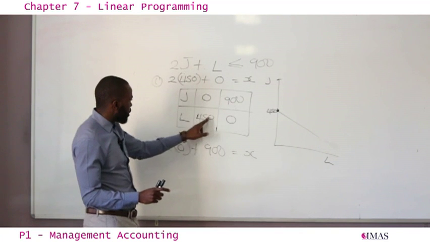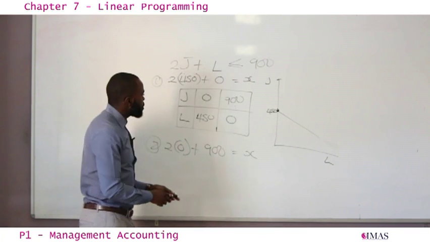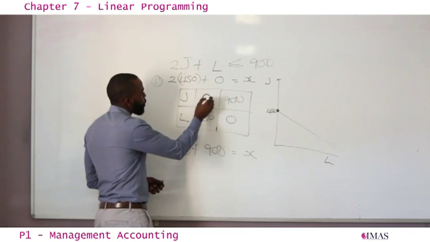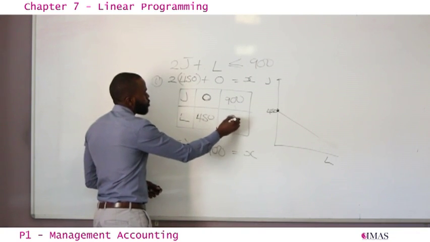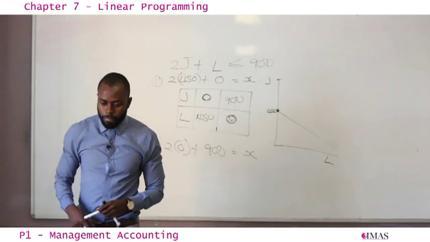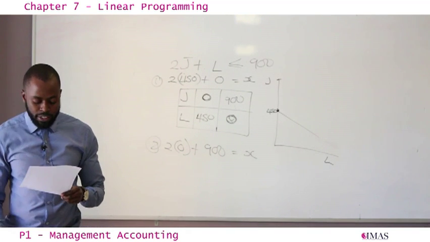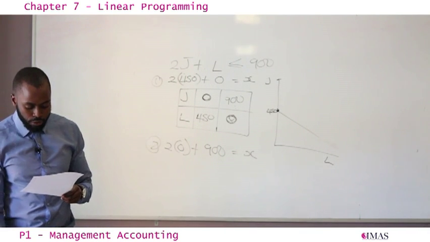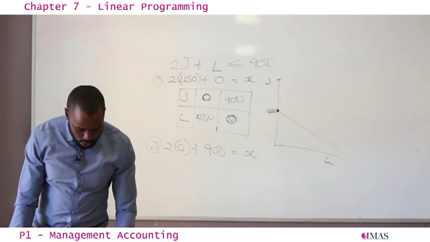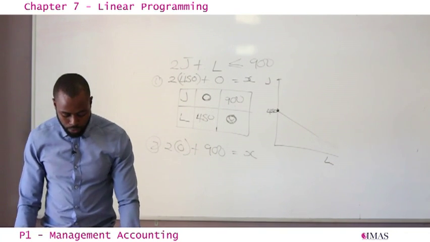And it's always easy to pick the one where one of the variables is equal to 0. With this question, it was easy to notice that when L is equal to 0, J is 450. So that's it on the third part of the question.